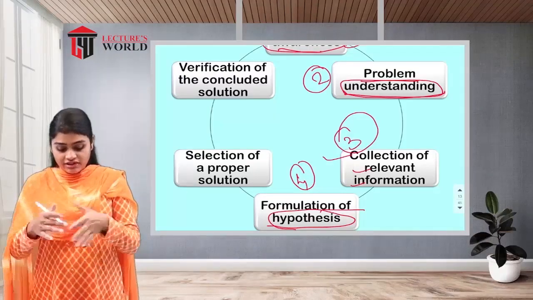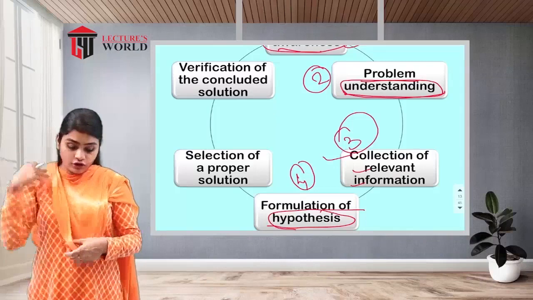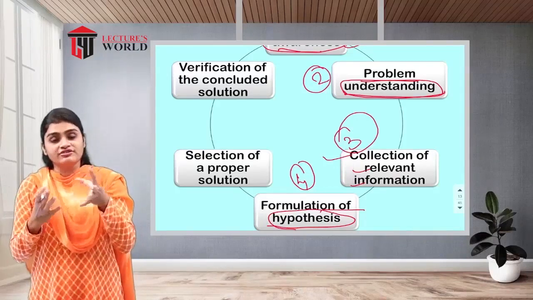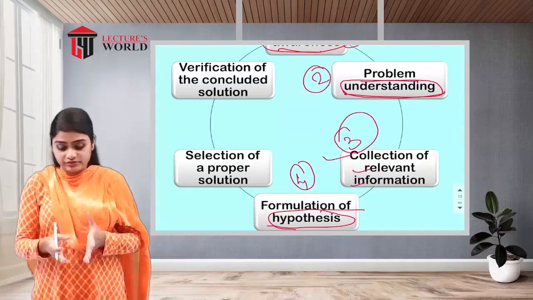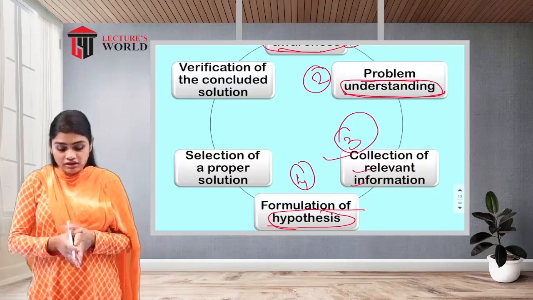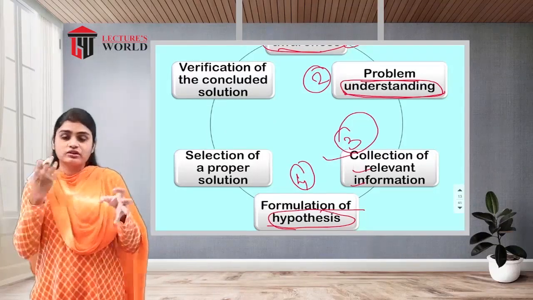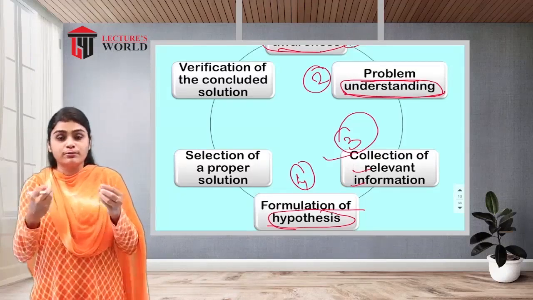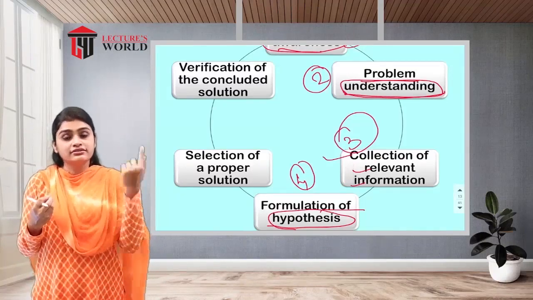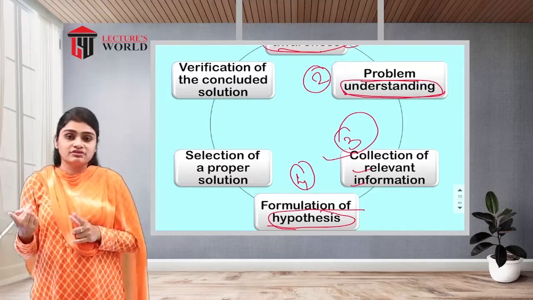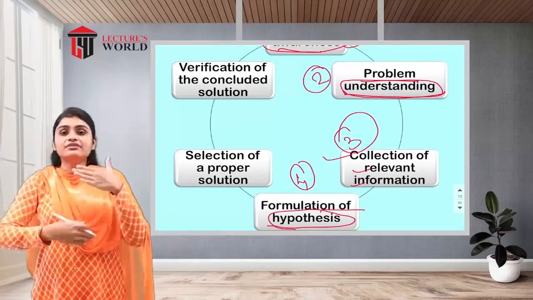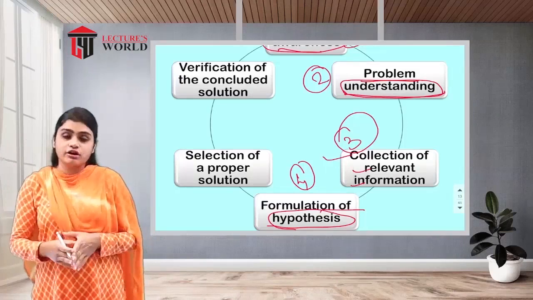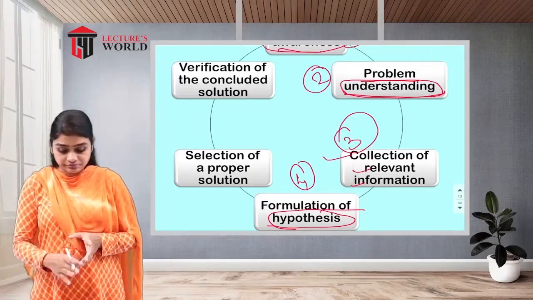So we are going to list out what all the solutions or strategies will be, what kind of things can solve this particular problem. So that is the formulation of hypothesis: a bunch of possible solutions, whether these solutions might work. We are going to make a list of all those solutions.